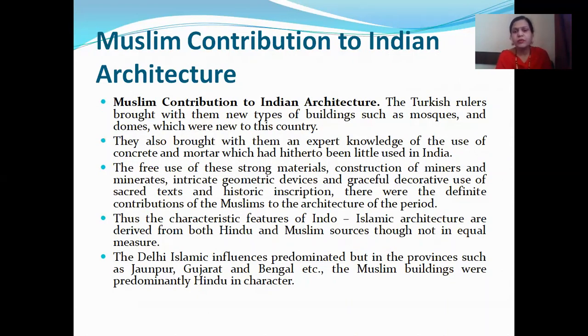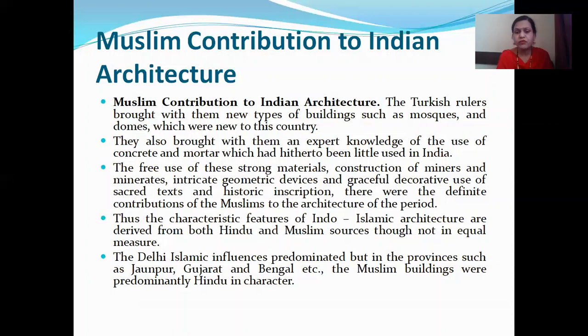They also brought with them an expert knowledge of the use of concrete and mortar, which had hitherto been little used in India. The free use of these strong materials, the construction of minars and minarets, intricate geometric devices, and graceful decorative use of sacred text and historic inscriptions were definite contributions of the Muslims to the architecture of this period.